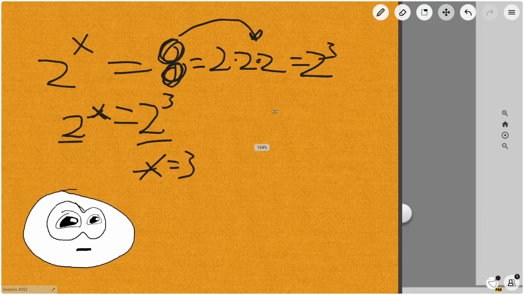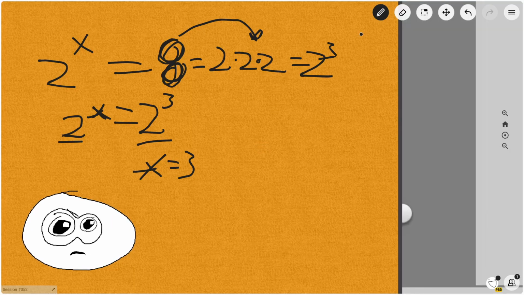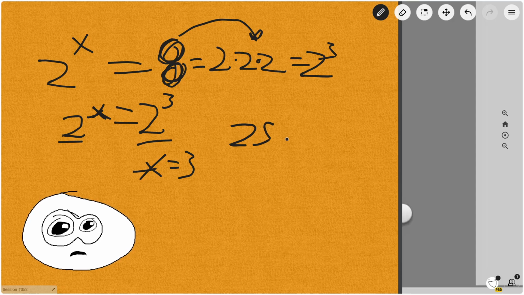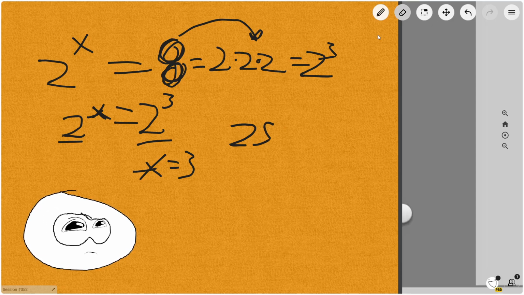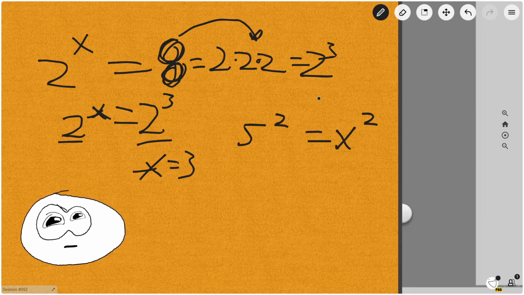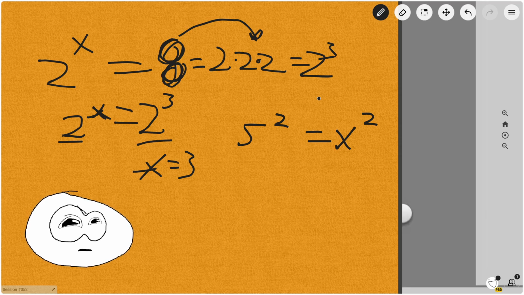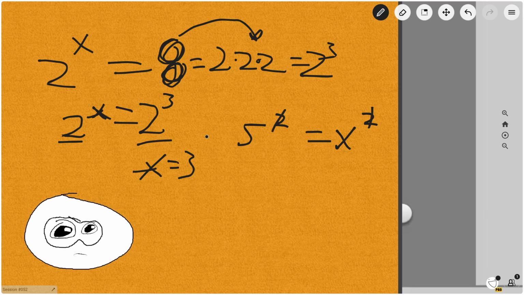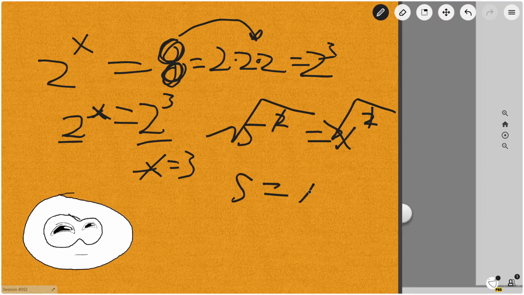Of course, there's an exception to that rule, where, say for example, you have 5 to the power of 2 equals x to the power of 2, right? And so you might use the same logic and say, oh, well, that's easy. I could just get rid of these things, or do the square root on both sides, and then you're left with 5 equals x.